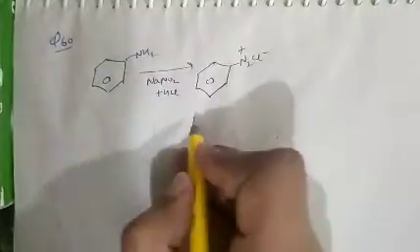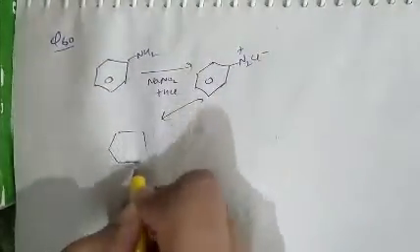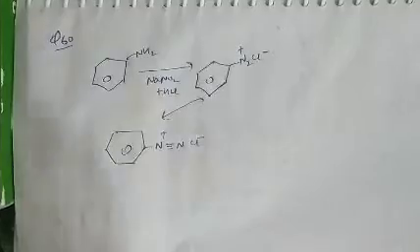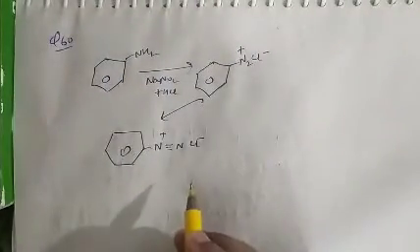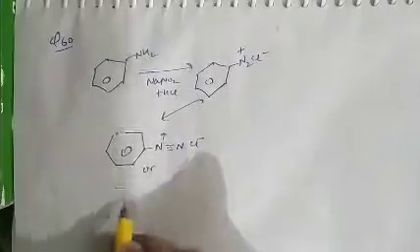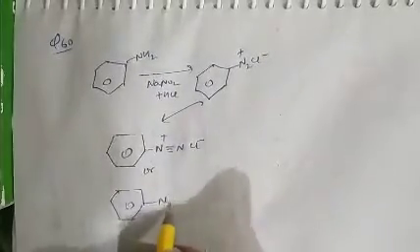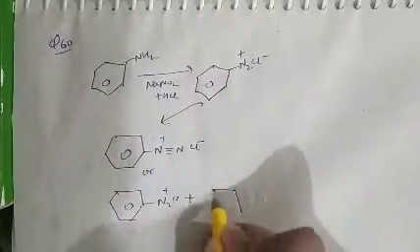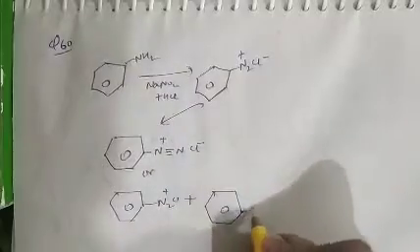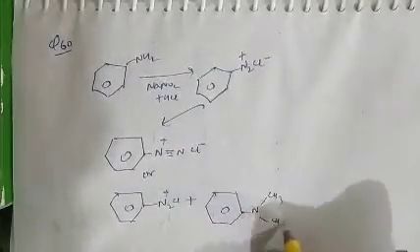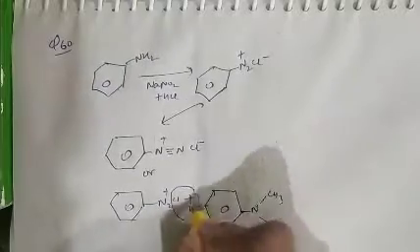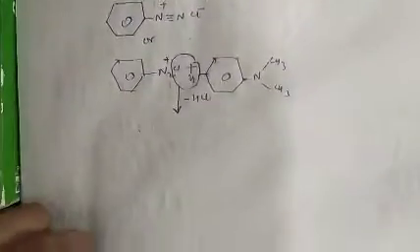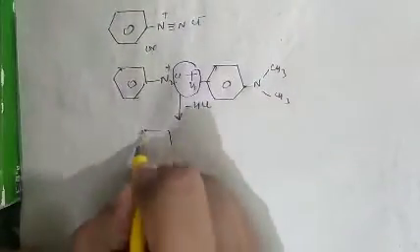We may write this compound as N triple bond N and Cl minus, or also as N2Cl. Now this compound will react with the given compound, N,N-dimethylaniline. With removal of HCl, the product is formed.